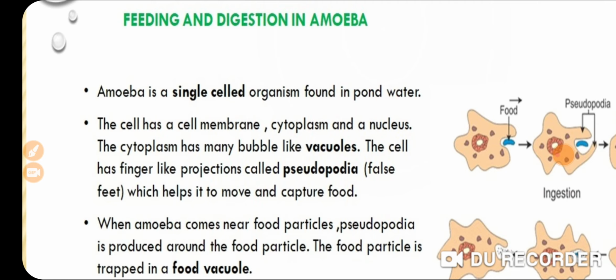that amoeba is a single-celled organism found in pond water, or we can simply say that amoeba is found in fresh water. The cell has a cell membrane, cytoplasm and a nucleus.